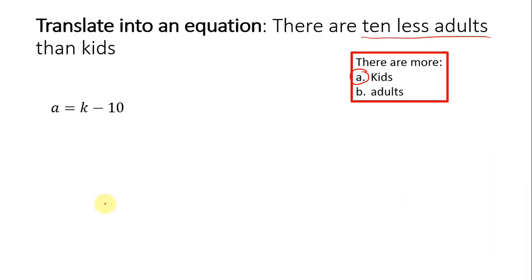I came up with this equation because if I knew the number of kids, and I took 10 away from that number, I would have the number of adults.